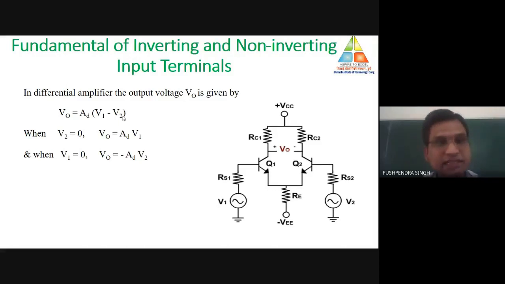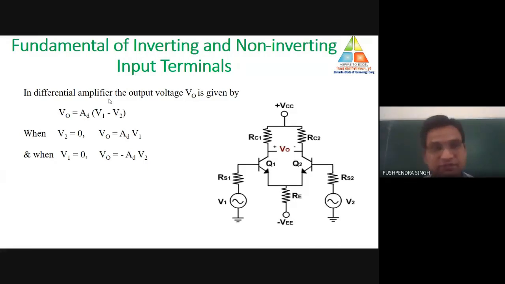With the help of this expression, suppose the value of V2 is equal to 0, that means the input signal applied at the base terminal of transistor number 2 is 0. On that condition, the value of output will be AD into V1. And the sign of this voltage is what? Positive. Positive and negative signs are only used to identify whether a phase shift exists or not.